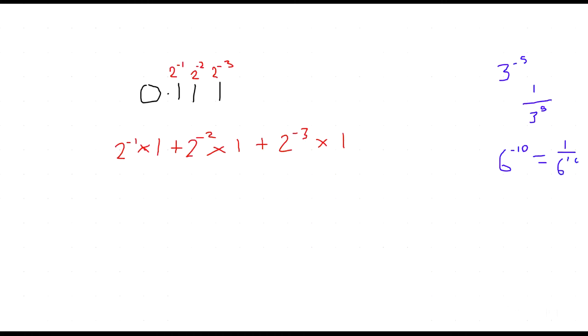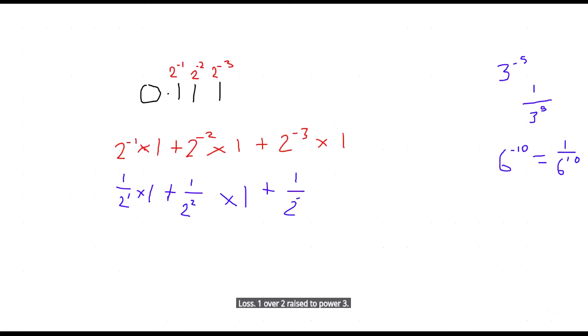Therefore, this will be 1 over 2 raised to power 1 times 1, plus 1 over 2 raised to power 2 times 1, plus 1 over 2 raised to power 3 times 1.